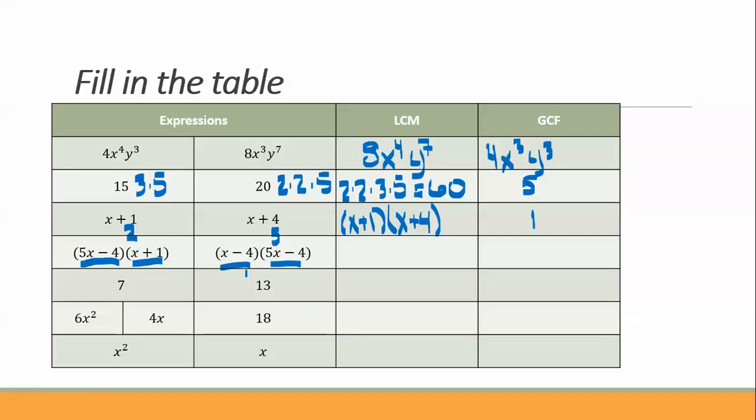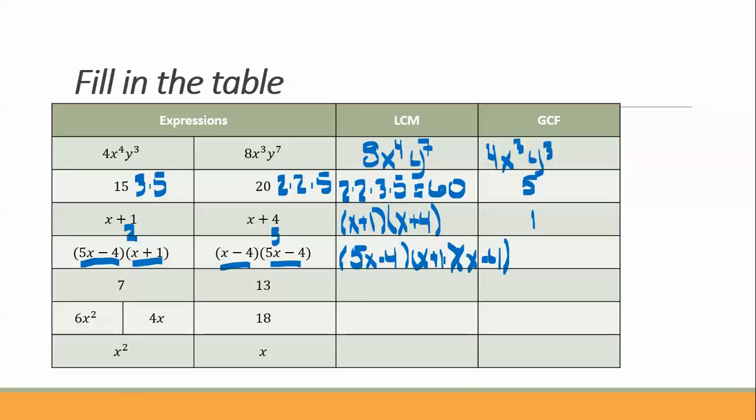This is actually a prime factorization. It's just not one you're used to seeing because it doesn't have actual numbers in it. So we're going to write out all our factors. Our factors are 5x minus 4, x plus 1, and x minus 4. You don't have to write this 5x minus 4 twice because it's already in here. If you look, we have 5x minus 4 times x plus 1.